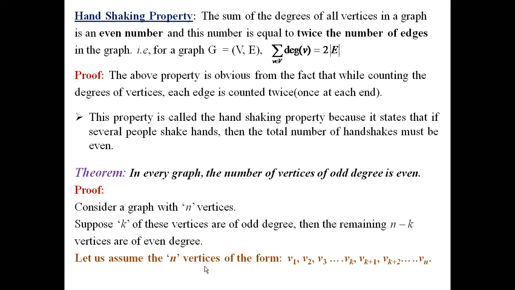Let us assume the n vertices are of the form v1, v2, v3, etc., vk, vk plus 1, vk plus 2, etc., up to vn. So there are totally n vertices represented by v1 to vn.